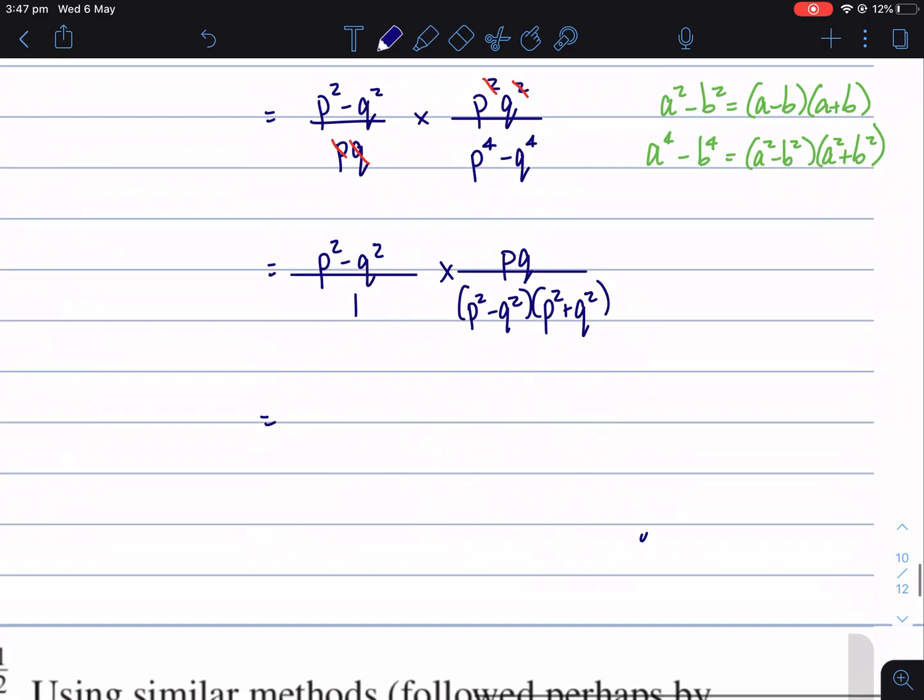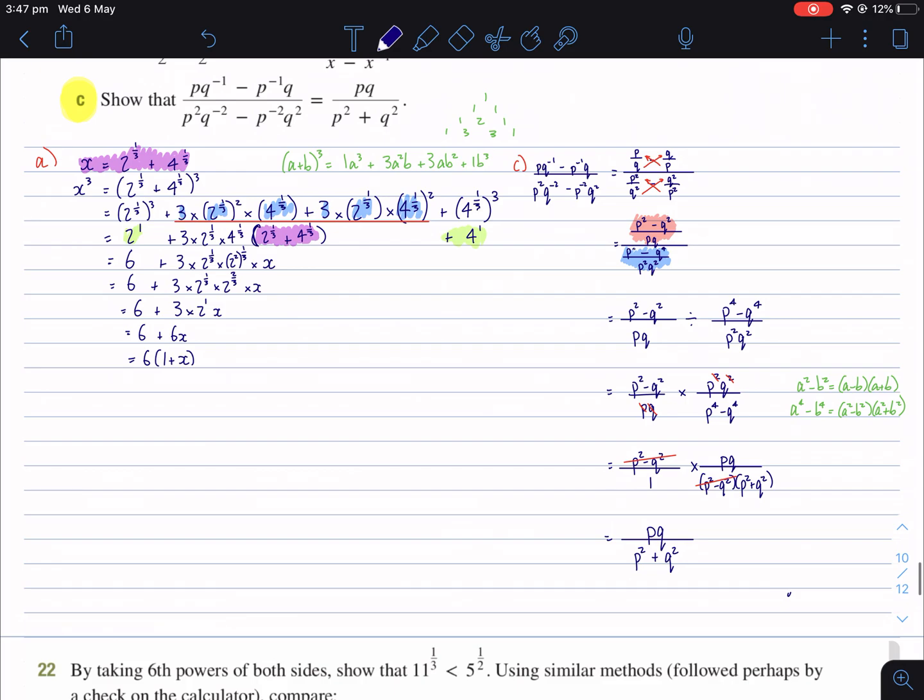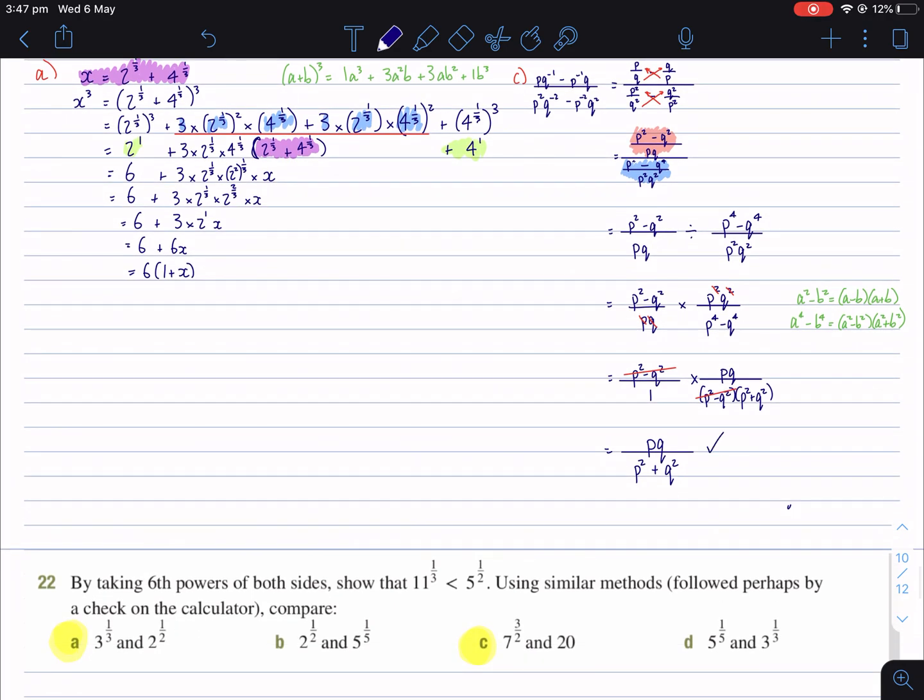And that gives me, this whole thing cancels out with this whole thing. And I get 1 times PQ over 1 times P squared plus Q squared, which I think is the answer we wanted. Yes! Ugh, I love doing something really complicated and not really knowing where I'm going to go and then getting there.